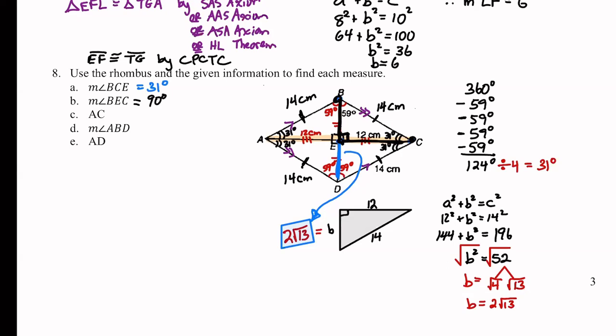Little typo notation issue here. This should be the measure of side AC. I could not get a straight line segment to save my life here. Ugh, I had it too, and it just moved on me. And the same thing with E. E should be the measure of AD.